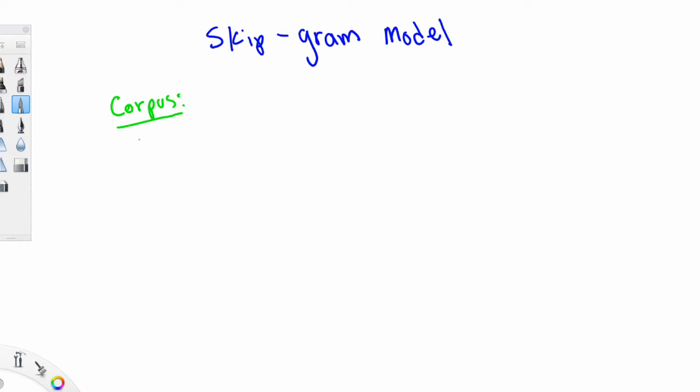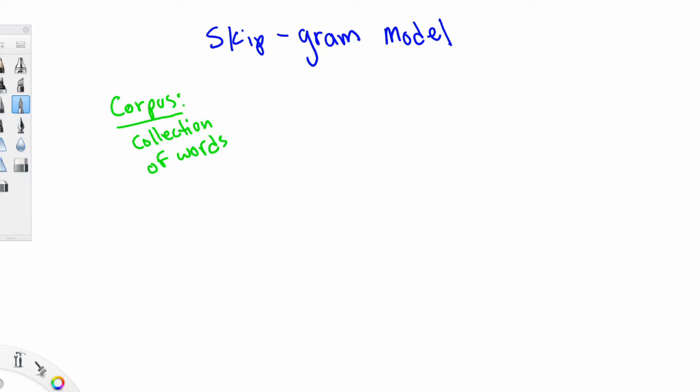And we're going to derive a word embedding, our numerical semantic representation of all of these words. Now your corpus could be any large collection of words, potentially up to many millions or billions of unique words. An example of this could be, say, all of Wikipedia, or a massive collection of tweets.